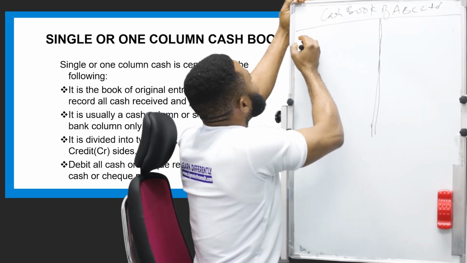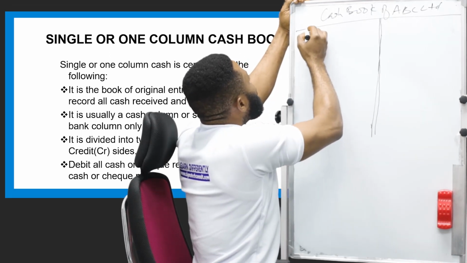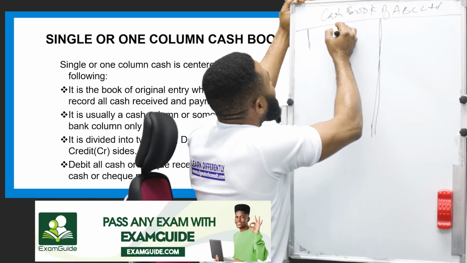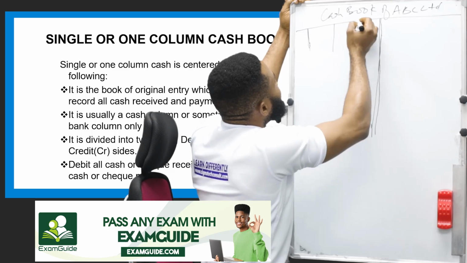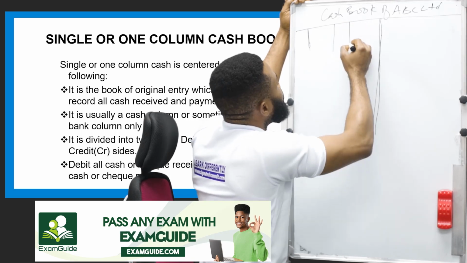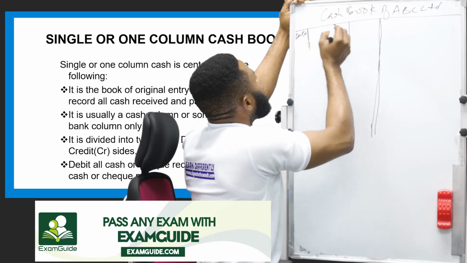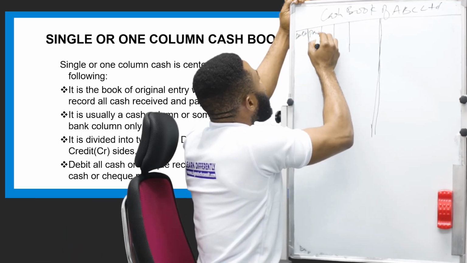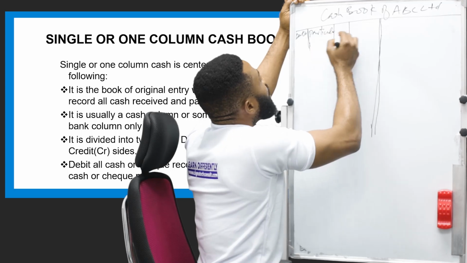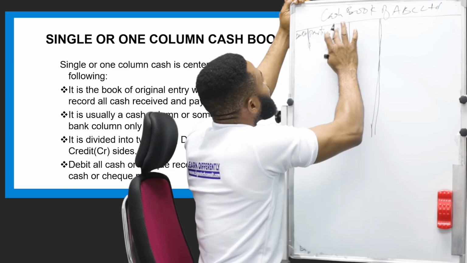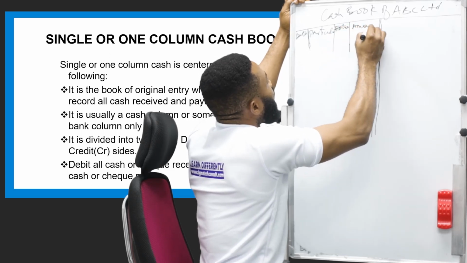Now, the first column is called the date. The second column is called the particulars. The third column is called the folio. And then we have the next one. So you have your date here, you have your particulars here, you have your folio here, and then you have amount here.